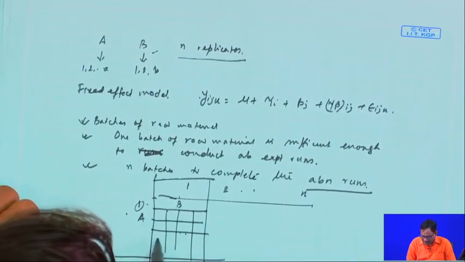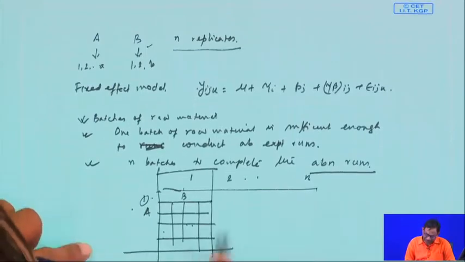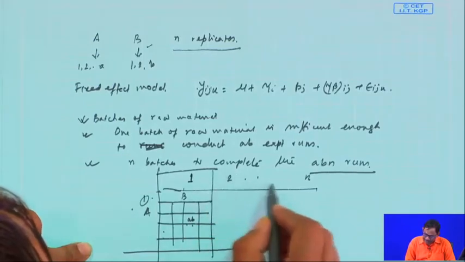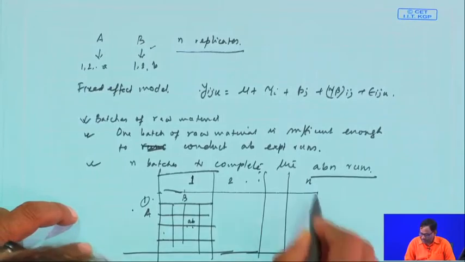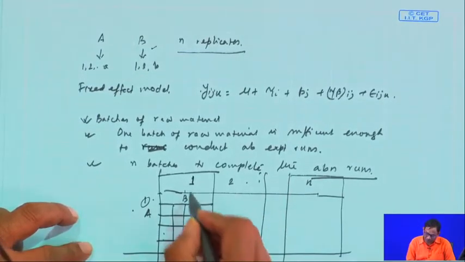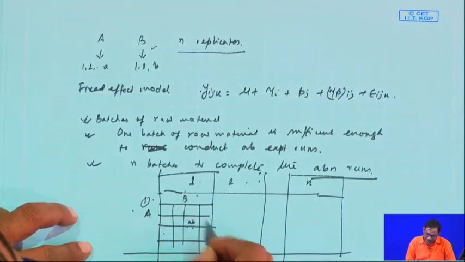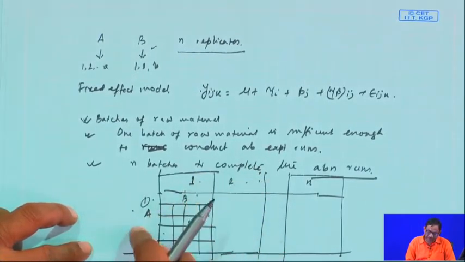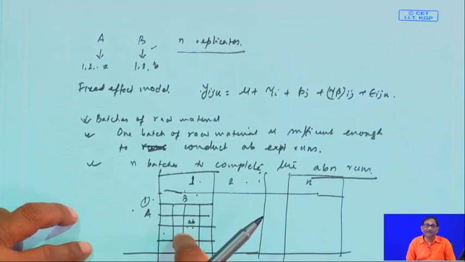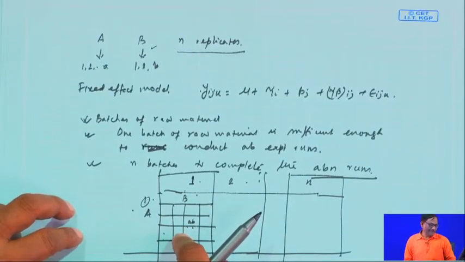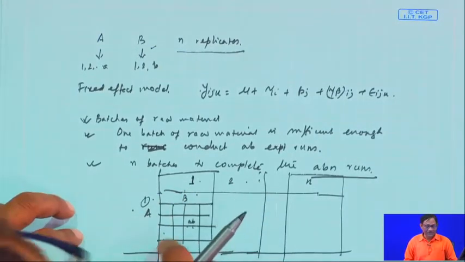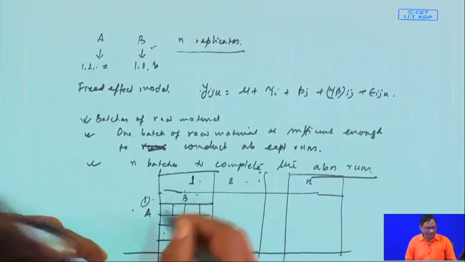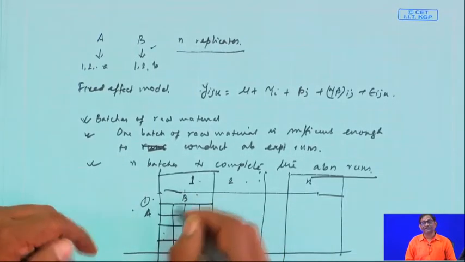The first batch will be used for ab runs, the second batch similarly for another ab runs, like the nth batch. So, within a block there are ab runs, and A and B will be full factorial with a single replicate. That means raw material represents a randomization restriction or a block, and a single replicate of a complete full factorial experiment is run within a block.